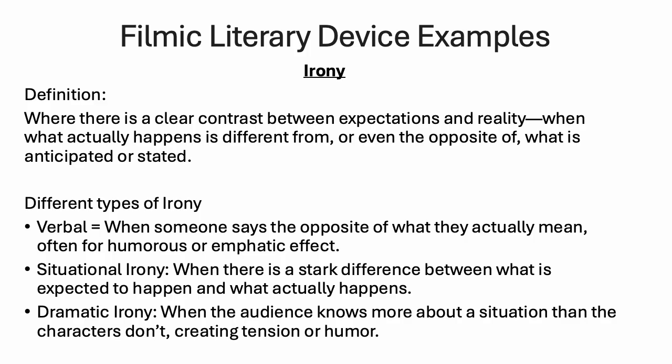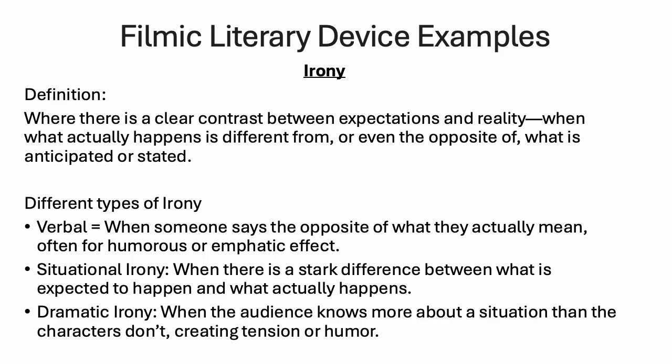Then there's situational irony, when there is a stark difference between what is expected to happen and what actually happens. And then finally, there's dramatic irony. And this is when the audience has information about what's going to happen while the characters in the film don't. This is commonly seen in horror films or in suspense films to help heighten the dramatic tension in film.